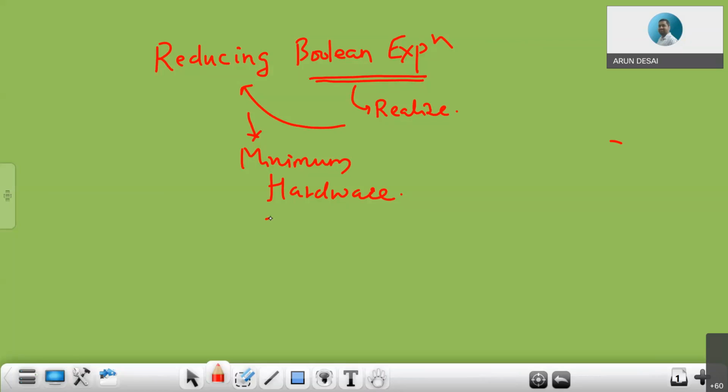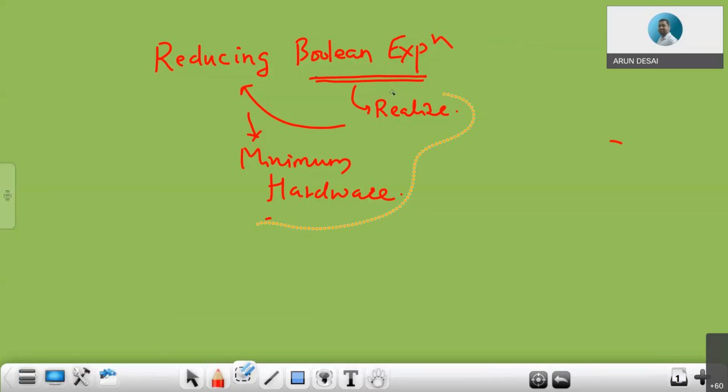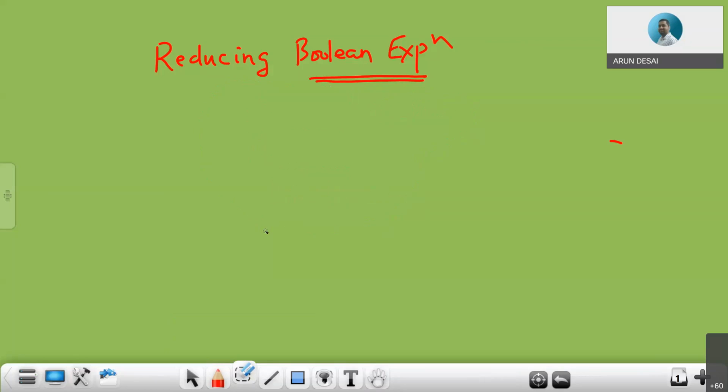So keep that in mind. There are certain rules available while reducing the expression. So I'll give you those rules.